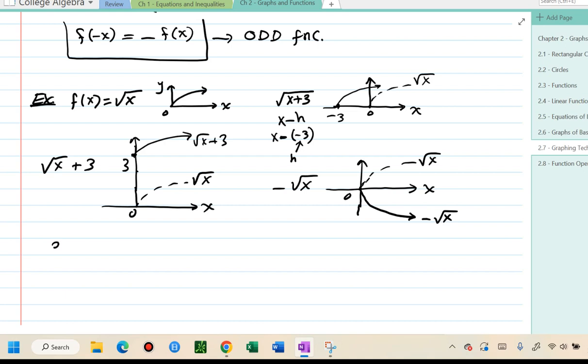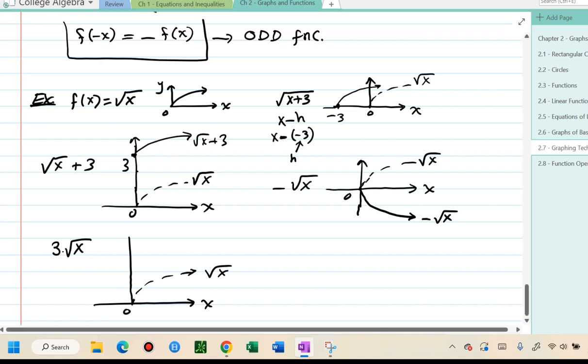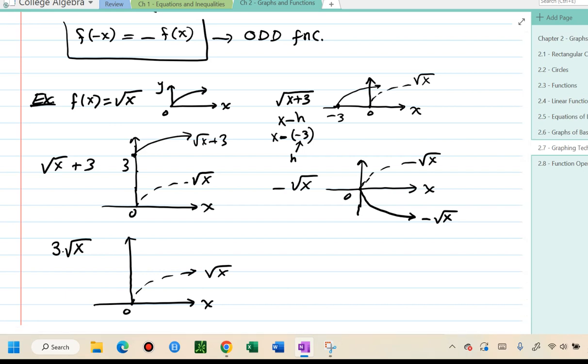And what if I have, let's say, 3 times the square root of x? This time I have a constant multiple in front of it. So let's do this one. Again, here's the basic one, root x. 3 times means all the ordinates, the heights, are triple what they used to be. Of course, 3 times 0 is 0, so the point 0, 0 isn't going to change.